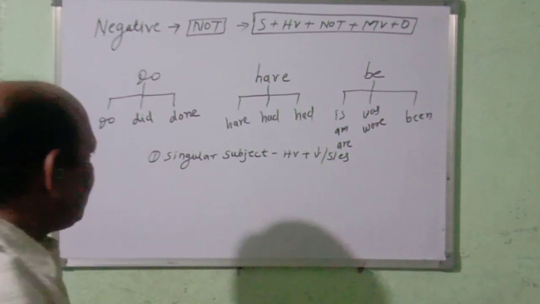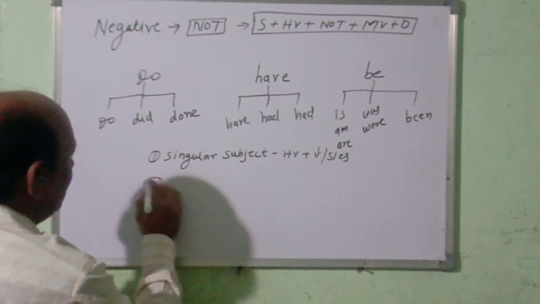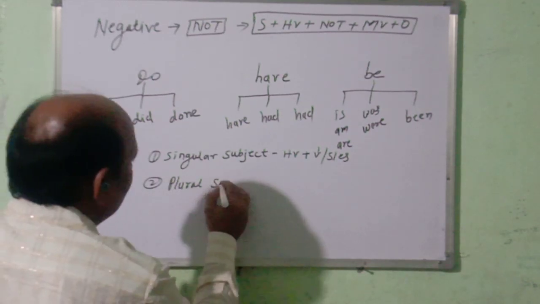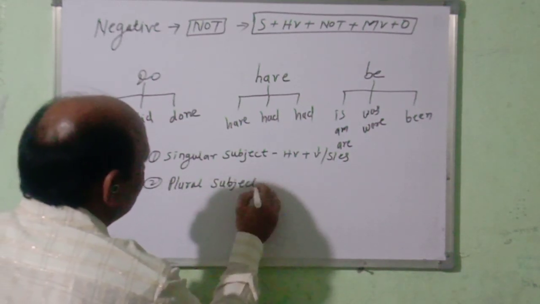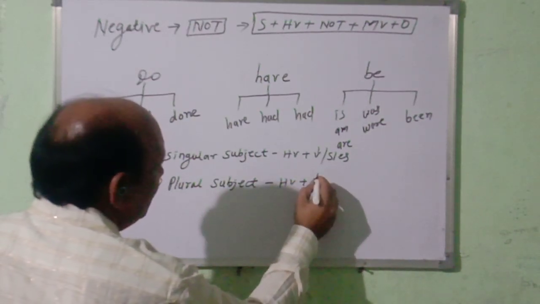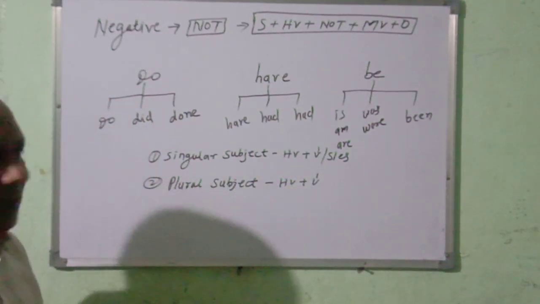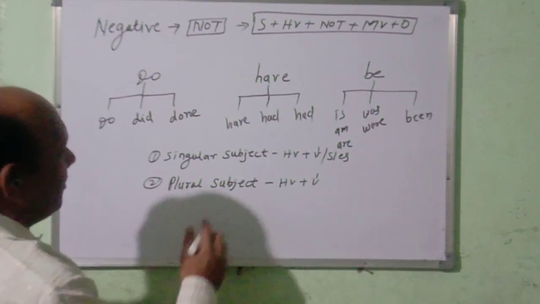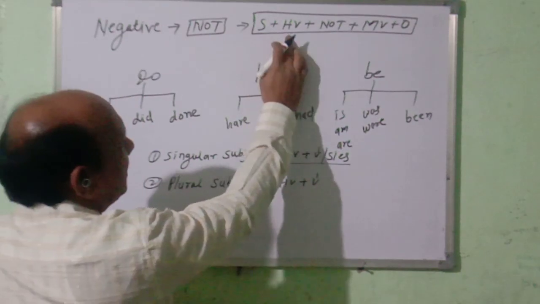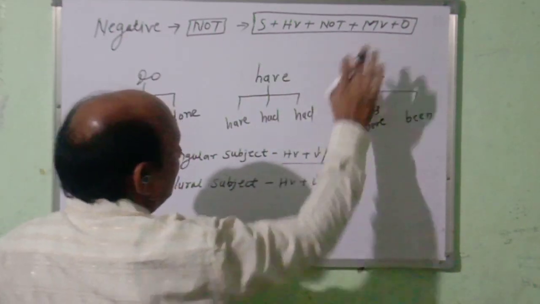Getting it or not? When you are talking about the plural subject, you have to use helping verb plus V1 only. So what is the structure of the negative sentence? It is subject, helping verb, not, main verb and object.